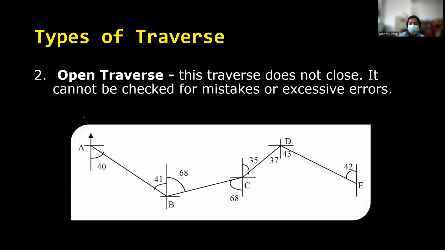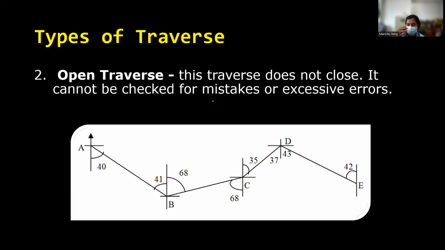So this is another type of traverse. This traverse does not close, so it cannot be checked for mistake or excessive error. One of the advantages of a closed traverse is that you can really check if there is an error in the survey you made.